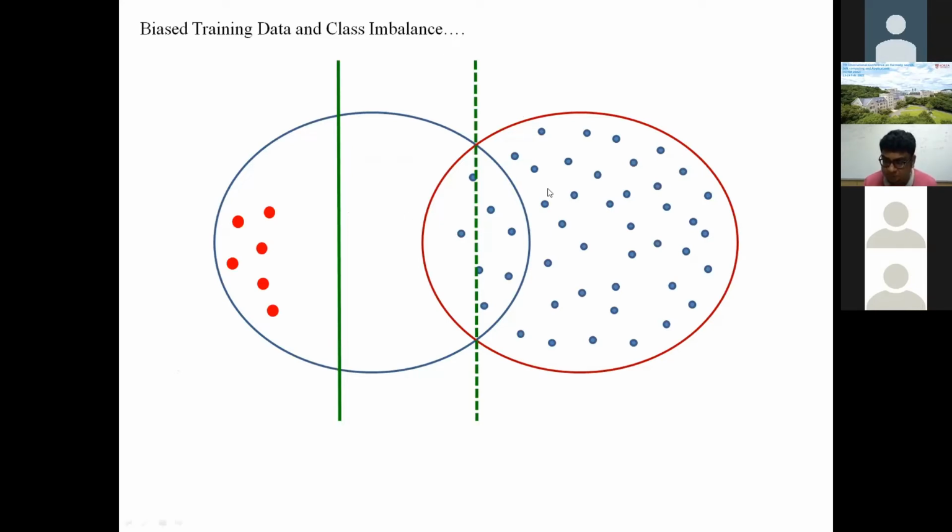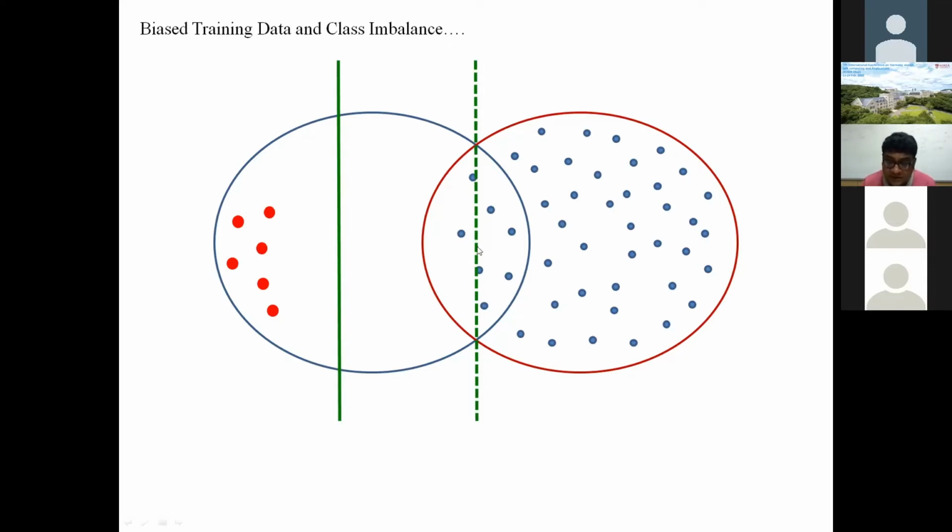Now the problem is, if in your training data only a few examples come from the red class, which are confined to a very small region, this dotted green line is your ideal decision boundary between the 2 classes, because it has minimum Bayesian risk, a statistical quantity which tells you how good your classifier is statistically.